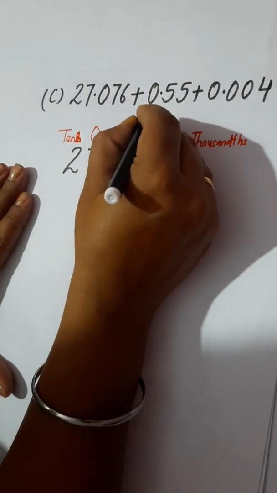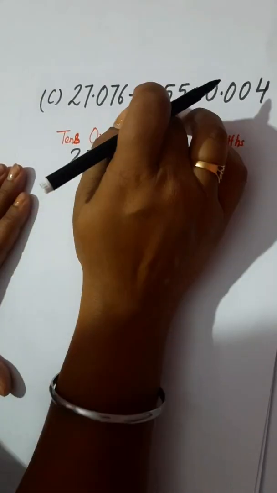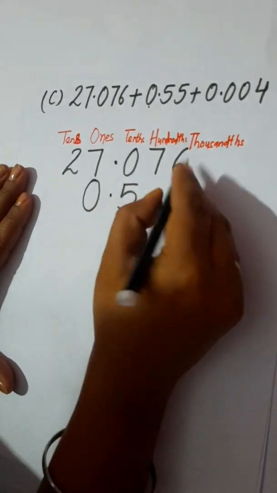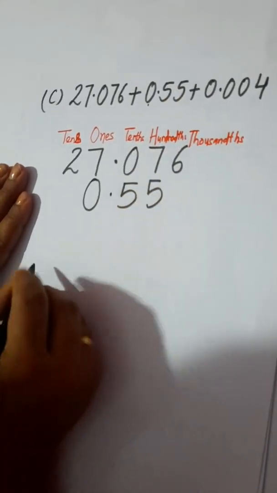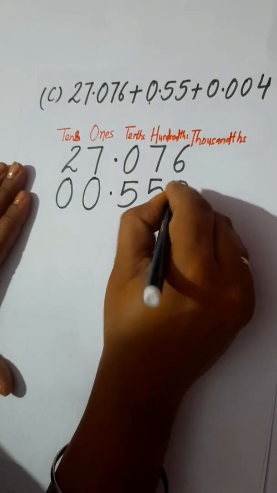Now here we have 0.55. This 0 is at the ones place, write 0 below ones, this 5 below tenths, and this 5 below hundredths, and below tens you will put 0.